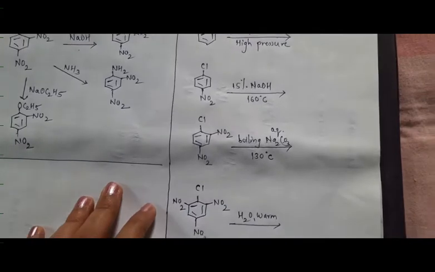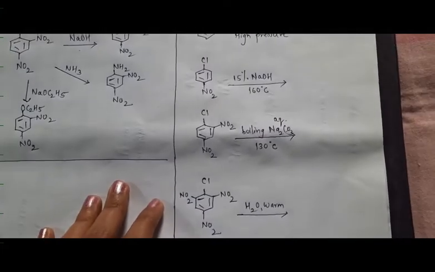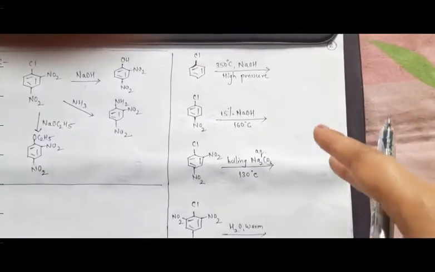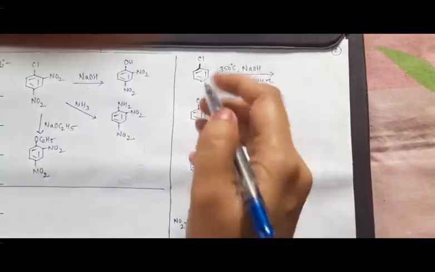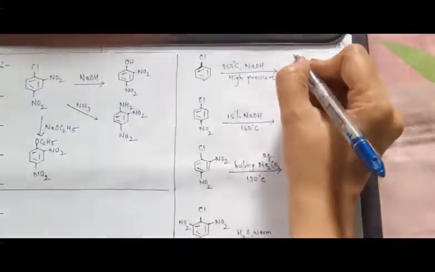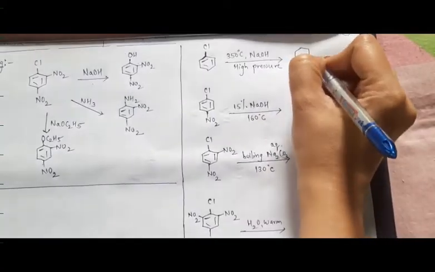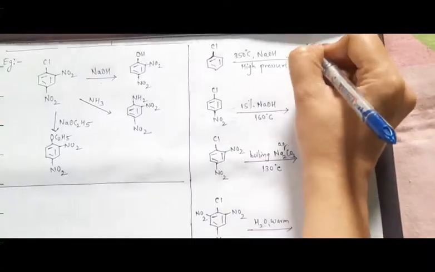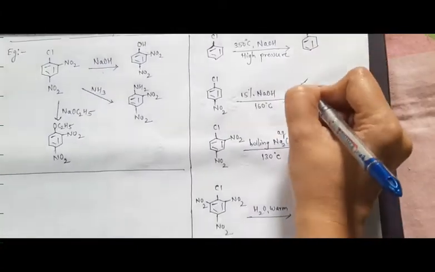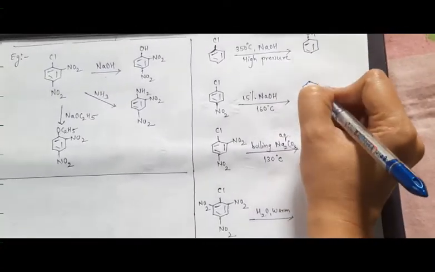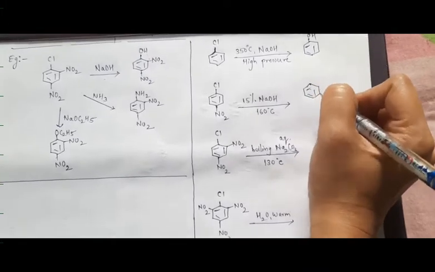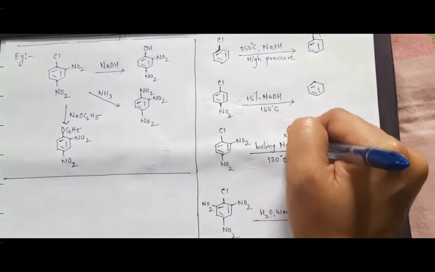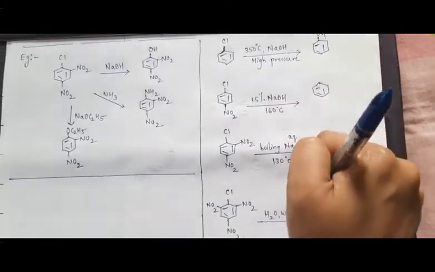And then lastly what I have is 2,4,6-trinitrochlorobenzene. Now if I have to write the product for each of these, the prediction is very simple, because my Cl is going to be replaced by the corresponding nucleophile. As I can see, everywhere I have used the same nucleophile, NaOH.